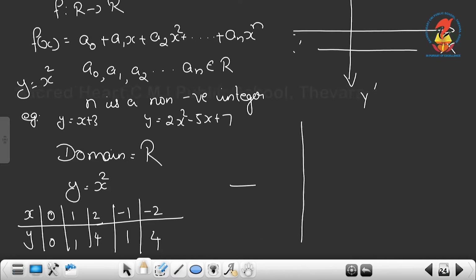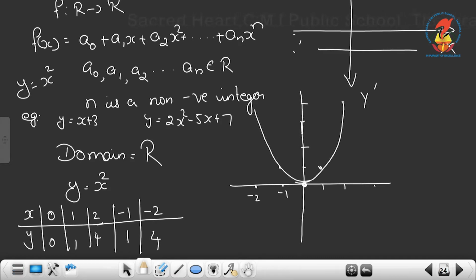So when we draw the graph, 0, 0, 1, 1, then 2, 4, 3, 9, like that. On the negative side, negative 1, 1, negative 2, 4. So we get a parabolic shape. Like this, one graph you will get. That is the graph of y equal to x squared.